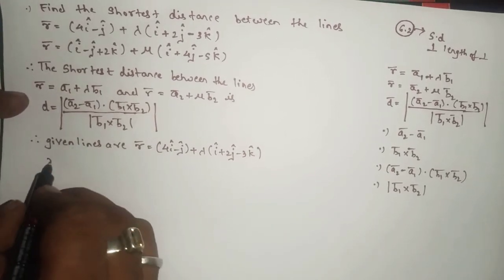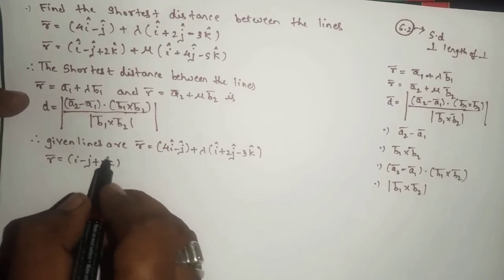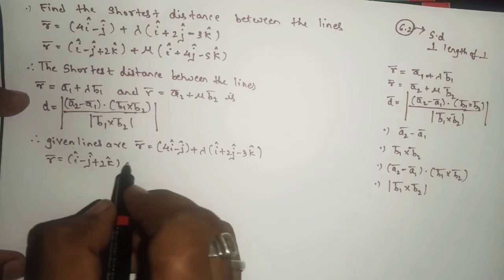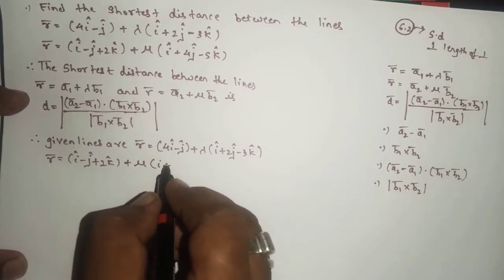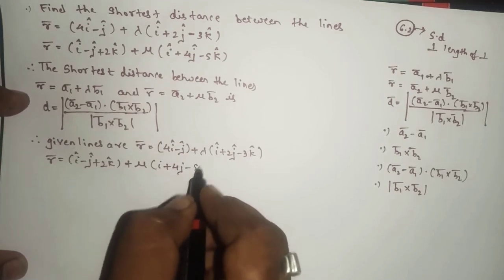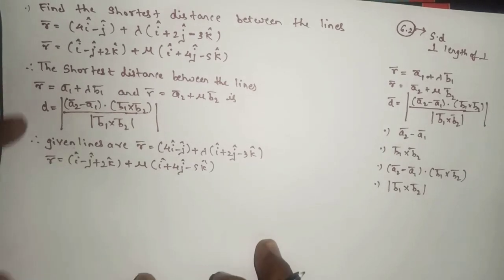And the second one is r bar equals i minus j plus 2k plus mu times i plus 4j minus 5k. So this is the second given vector equation.